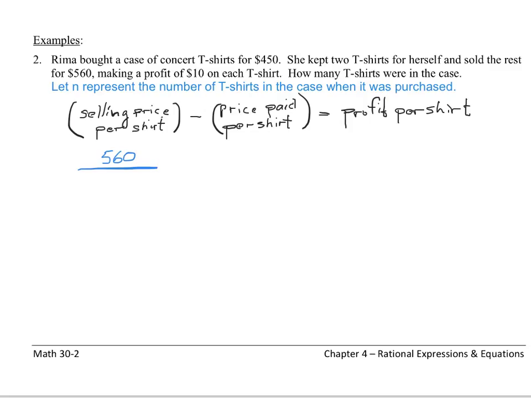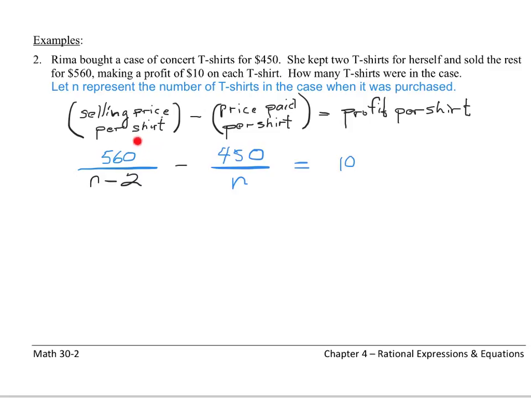If n is the number of shirts that were initially in the case, now what we have is n minus 2 shirts, because Rima kept 2 of them for herself. The price paid, well, the total price was $450, and that was paid for all of the shirts, so that's just going to be over n. And this will equal our profit of $10 per shirt.